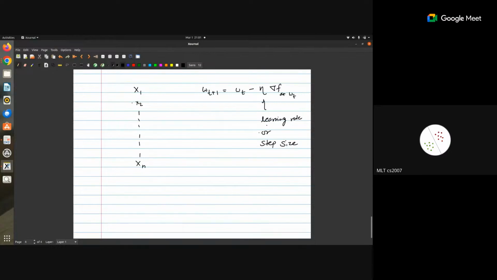If you have large training examples, it will be difficult for us. What is the gradient of f? I think it goes back to week 5, possibly.